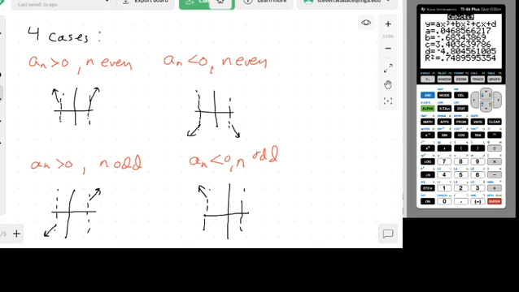Vice versa if the leading coefficient is negative. Now, in between these dotted lines, the graph could be really, really crazy. It could go up and down a bunch of times. You know the number of turning points. But way to the right, way to the left, this is what's going to happen, just depending on the leading term, leading coefficient and degree.